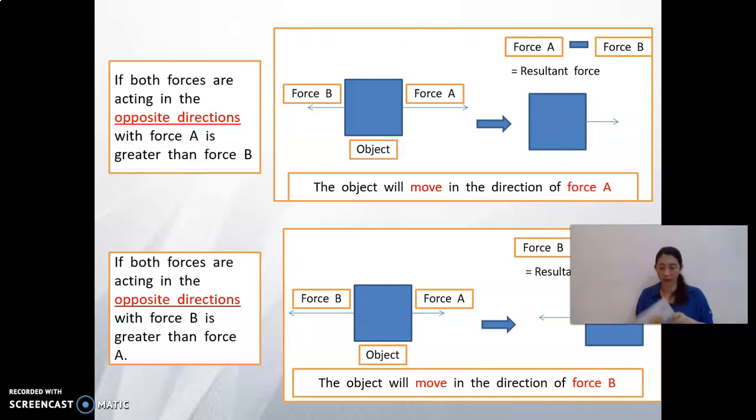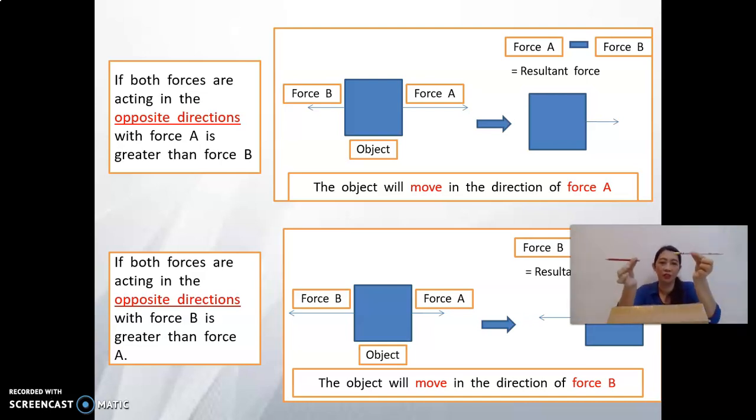Number 2. If both forces are acting in opposite directions, for example this is the longer force and this is the shorter force.